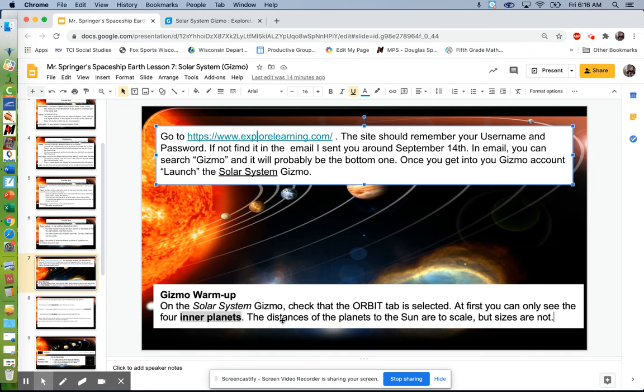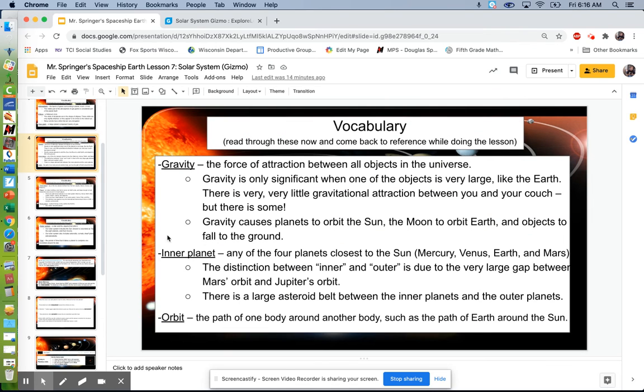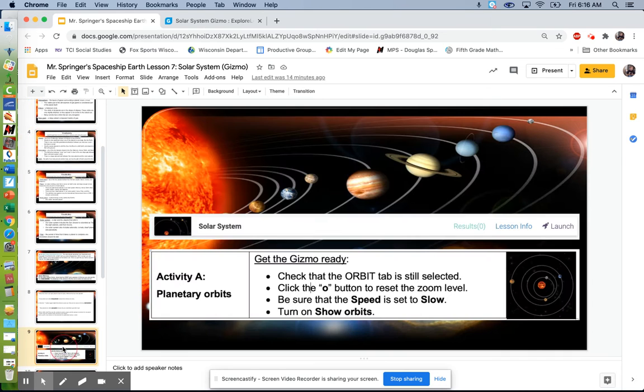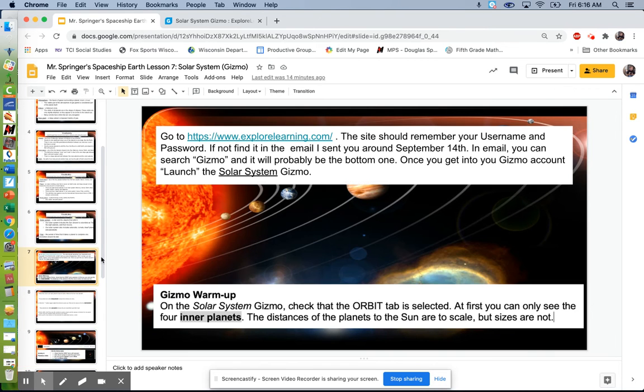At first, you can only see the inner planets. Notice how this is gray? That's because inner planets is one of our vocabulary words. So when I don't know a word that's gray, that's going to help me out. The distance of the planets to the sun are to scale, but size are not.